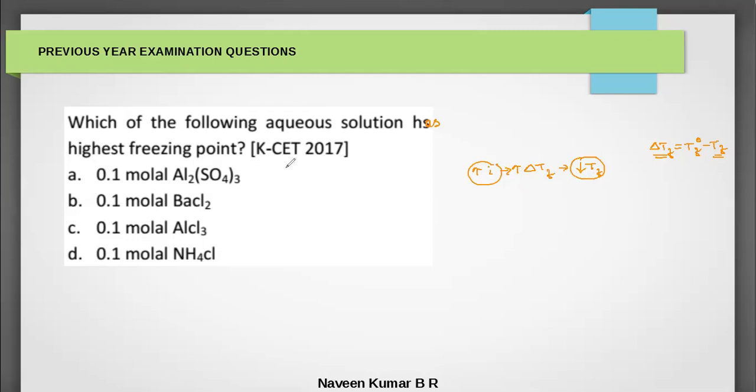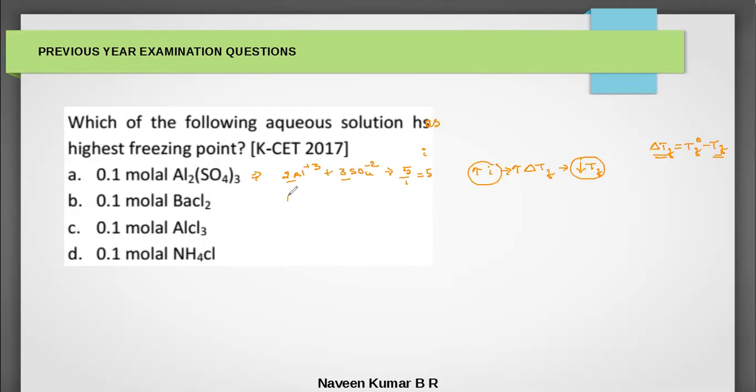If you observe the first option, 0.1 molar aluminum sulfate, it is 2 moles of aluminum ion plus 3 moles of sulfate ion. Hence the Van 't Hoff factor is the number of dissociated ions, 3 plus 2, which is 5, divided by 1, so i is 5.